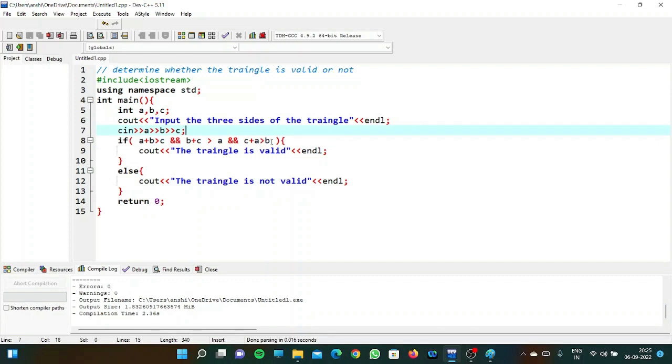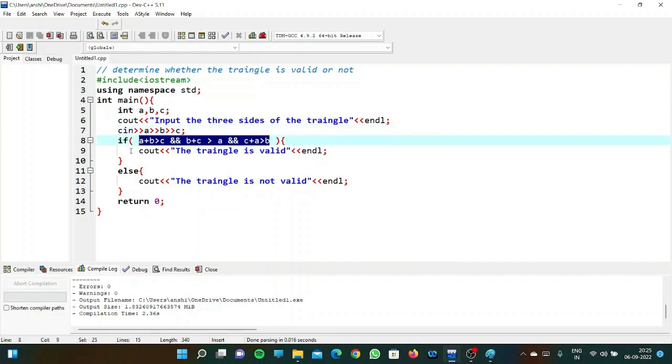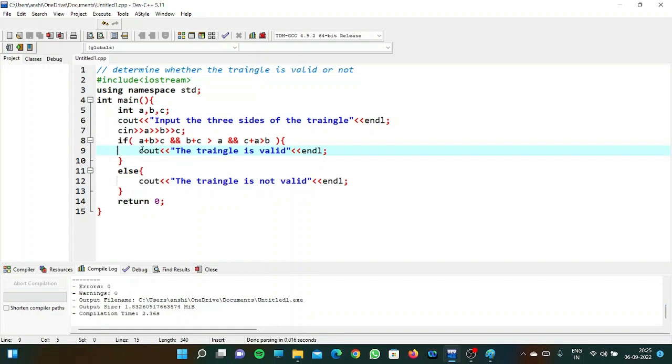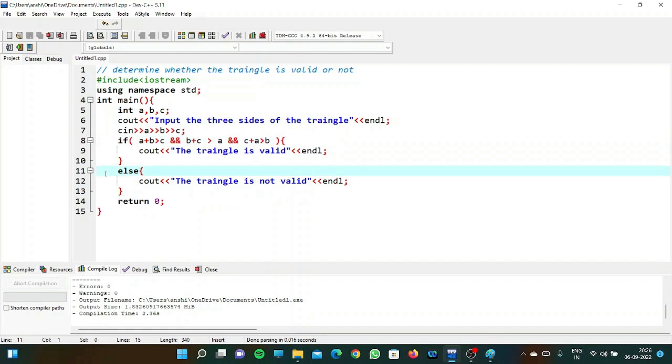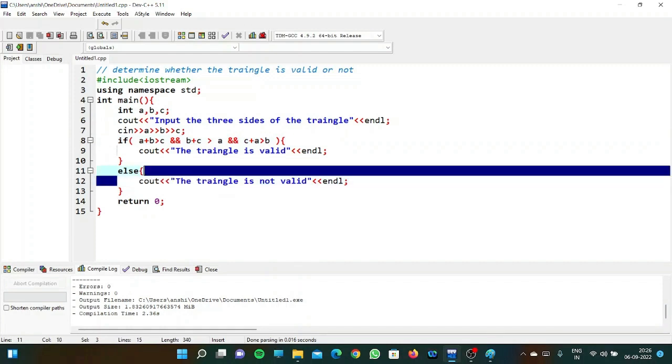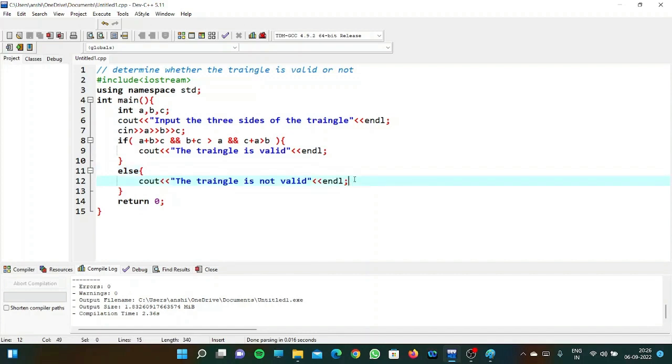And if all of these three conditions are satisfied, then only it will go inside the if block and print this statement. If these conditions are not satisfied, then it simply jumps from if to else. That means from line 8 to line 11, control jumps from here to here. And then when control jumps here, it goes inside the else block, and this statement is printed. So this is how the entire thing works.